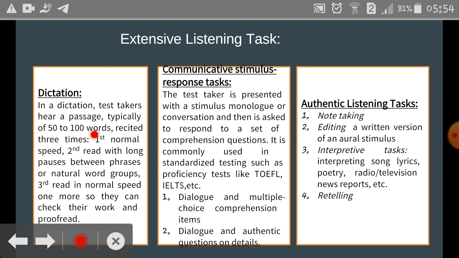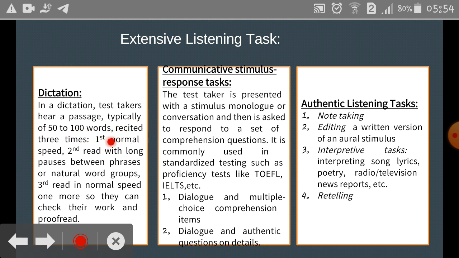Dictation is basically a very usual or general listening task that can be used either with beginner students or with advanced students. Here in extensive listening, you can try dictation. The test taker hears a passage, typically between 50 to 100 words, and usually it is recited 3 times.